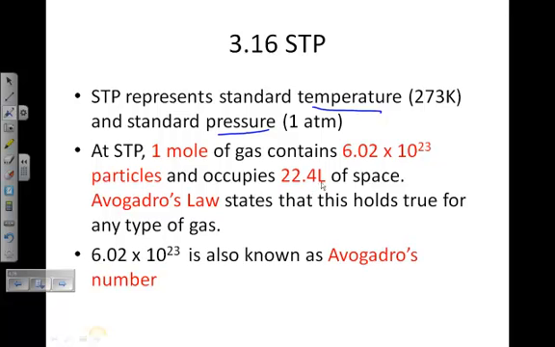That's interesting. And it doesn't matter what type of gas, whether it's neon or helium or carbon dioxide. At STP, these values remain constant. By the way, 6.02 times 10 to the 23 is also known as Avogadro's number.